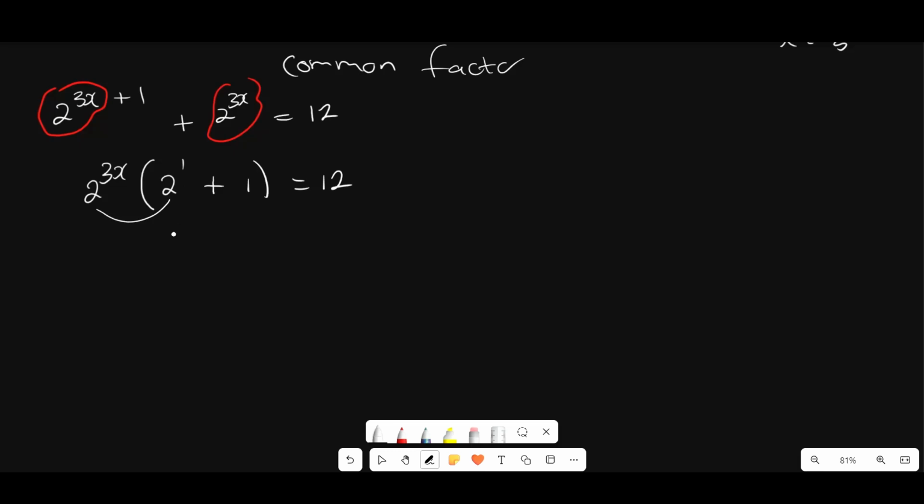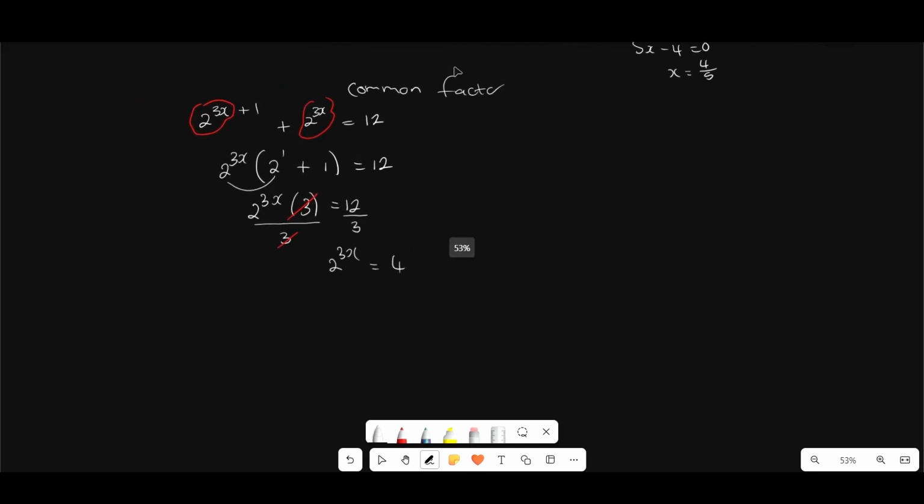So now I'll have 2 to the power 3x times 2 plus 1, that is 3, which is equal to 12, and then I can divide everything by 3. Hence I'll have 2 to the power 3x equal to 12 divided by 3, that's 4.